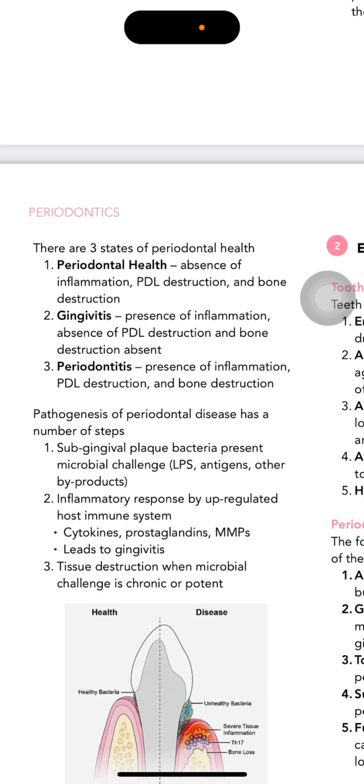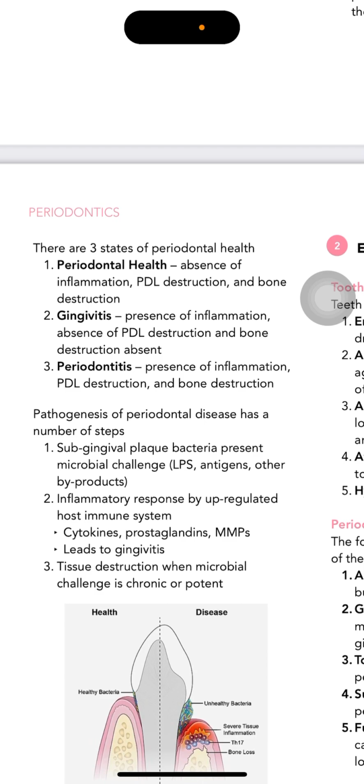Periodontal health: absence of inflammation, PDL destruction, and bone destruction. Gingivitis: presence of inflammation, absence of PDL destruction and bone destruction. Periodontitis: presence of inflammation, PDL destruction, and bone destruction.